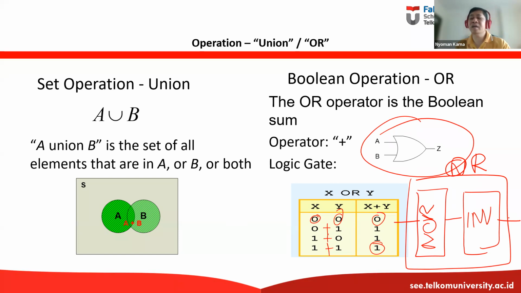So that's why in OR gate, we need 6 transistors in CMOS, because the NOR gate needs 4 transistors and the inverter needs 2 transistors. So the OR gate will need 6 transistors, because it's actually a NOR gate with an inverter. So that's the reason why OR gate is slower than the NOR gate.